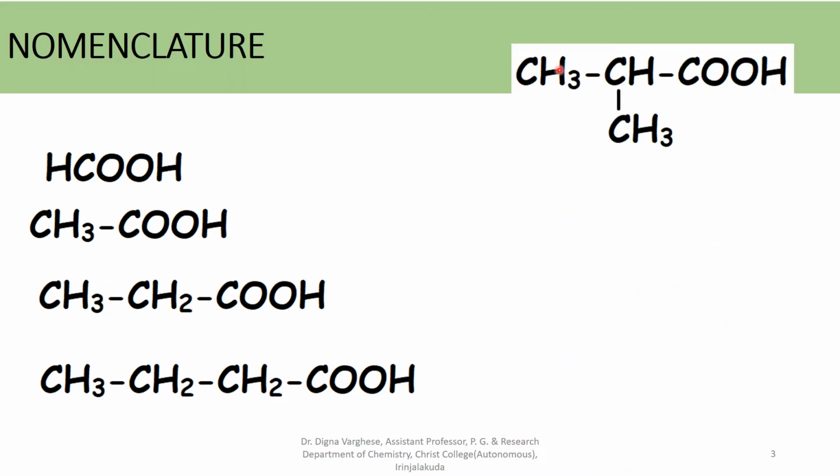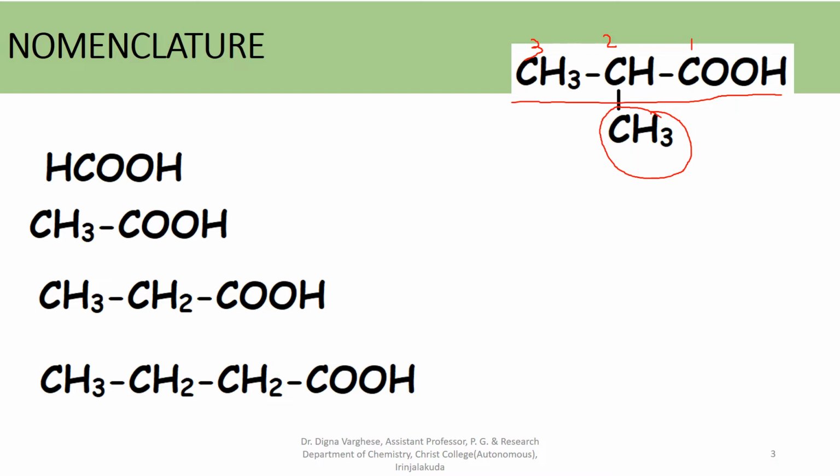Here you can see a carbon chain containing 1, 2, 3 carbons. So it is the main chain in the compound, a propanoic acid, but here in the second position there is a methyl group.